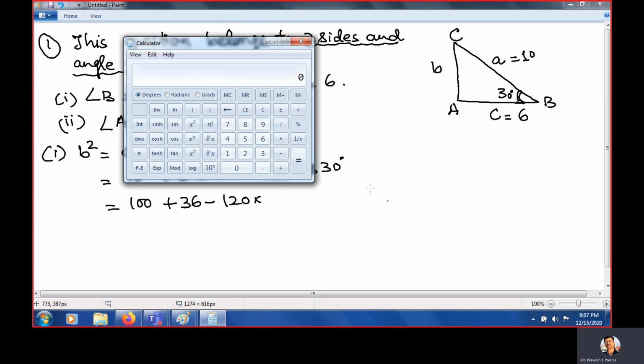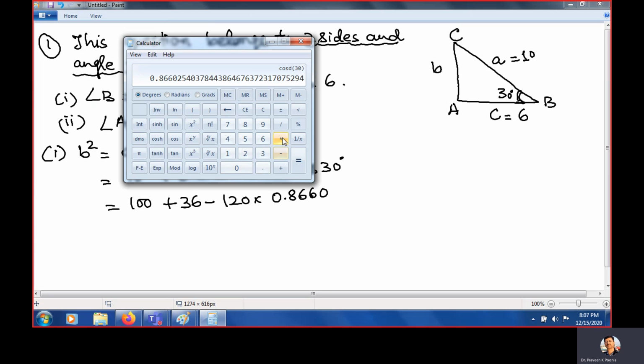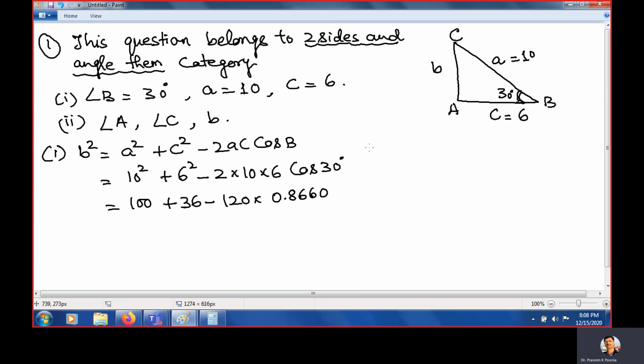From the calculator, cos 30 is 0.8660. Multiplying this by 120, the answer is 103. This is negative, so we take 100 plus 36 minus 103, and we get 32.07.